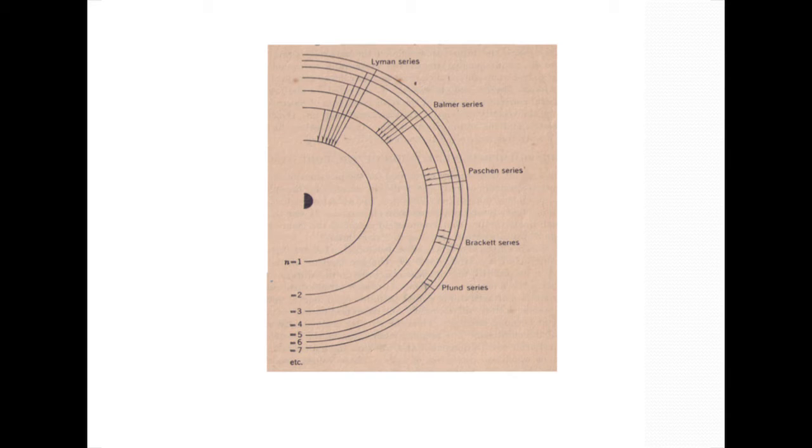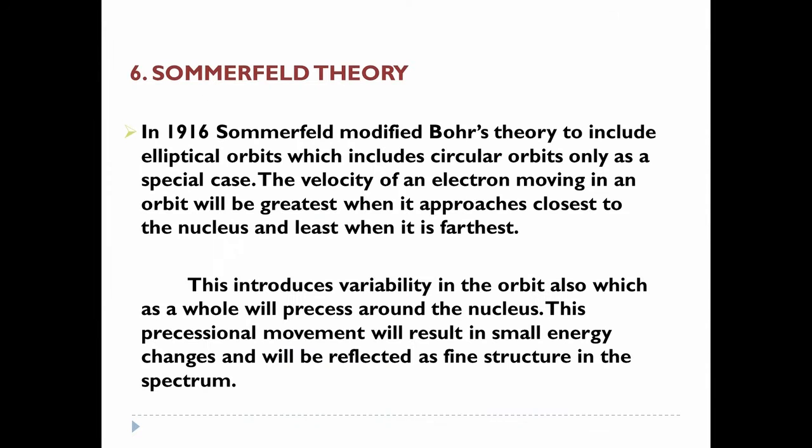So, the transitions occurring from different energy levels, but ending up only at n is equal to 2, are known as Balmer series. Third is Paschen, that is n is equal to 3, n is equal to 4 is Brackett, n is equal to 5 would be Pfund series. So, the same element hydrogen can show 5 different kinds of line spectra which can be accounted for.